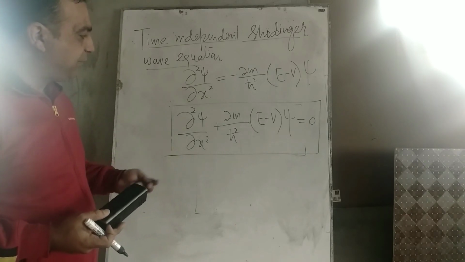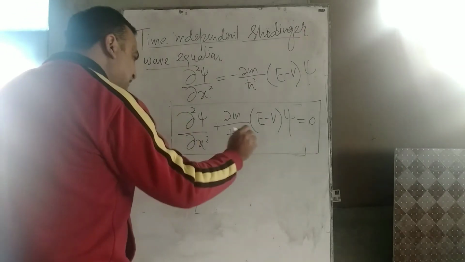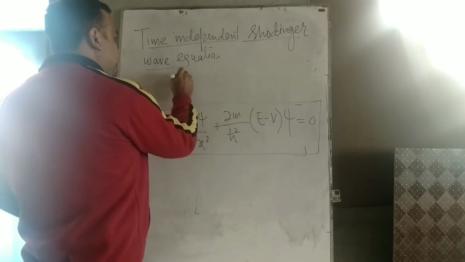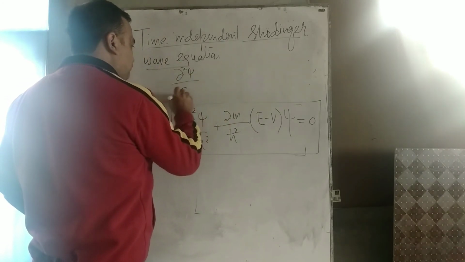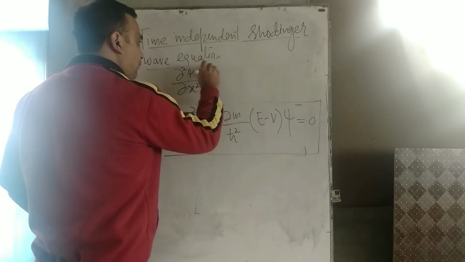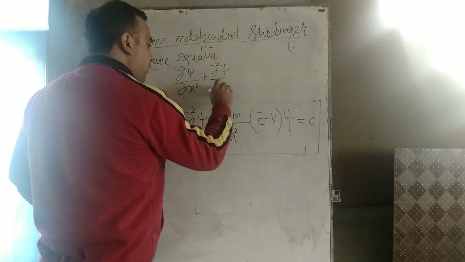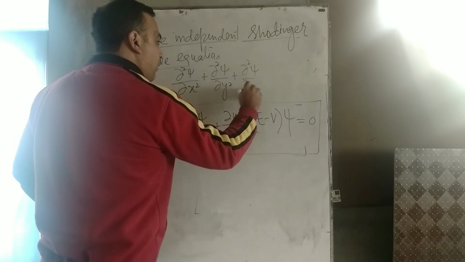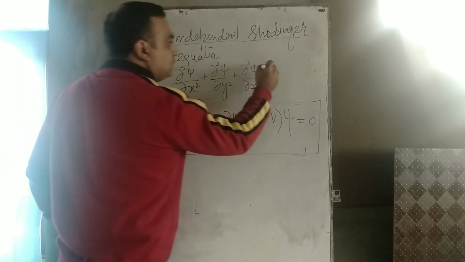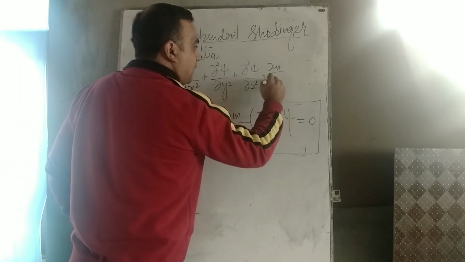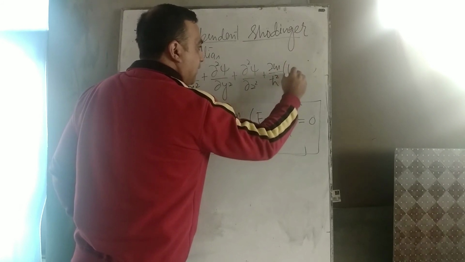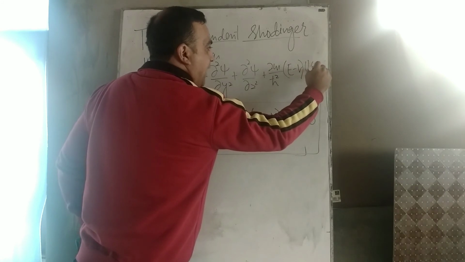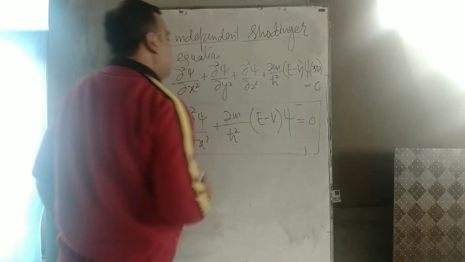we can further modify this equation in 3 dimensions, and we can write down this differential equation as the sum of the second partial derivatives along x, y and z, plus 2m upon h bar square times E minus V times psi as a function of x, y, and z is equal to 0.